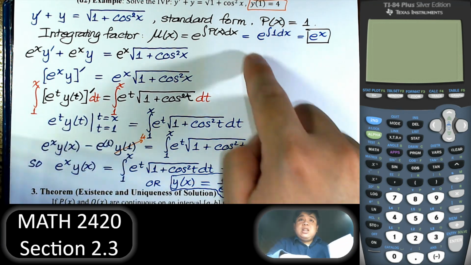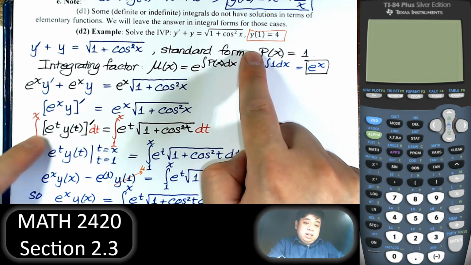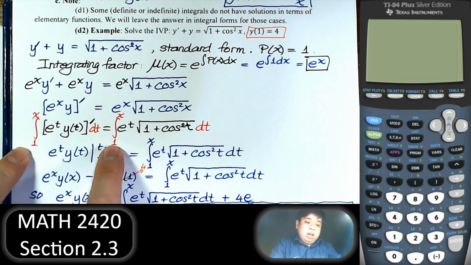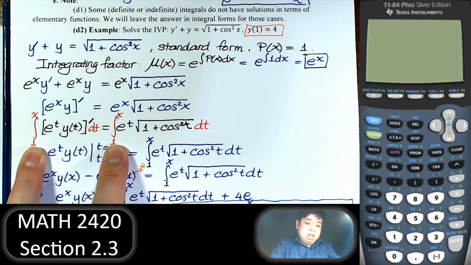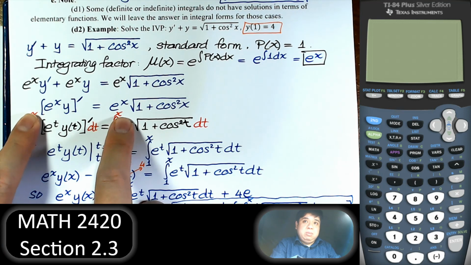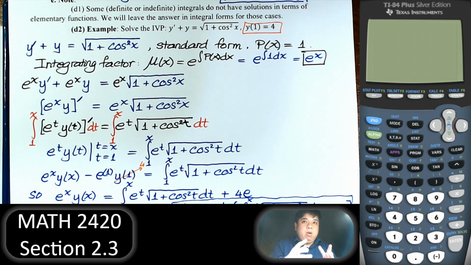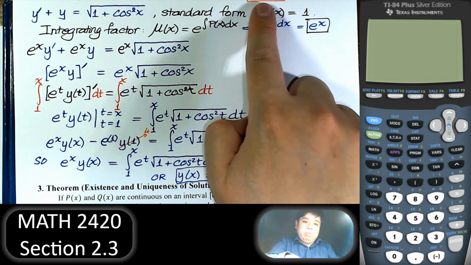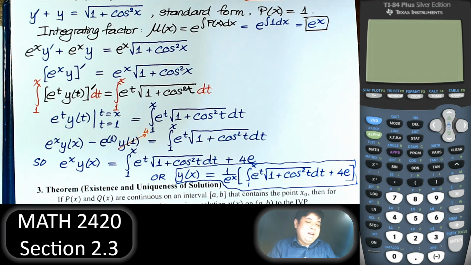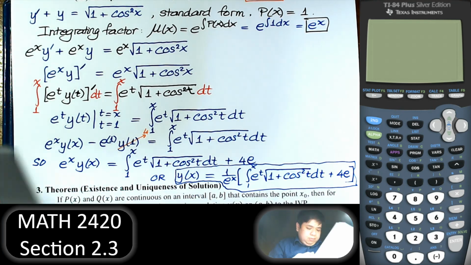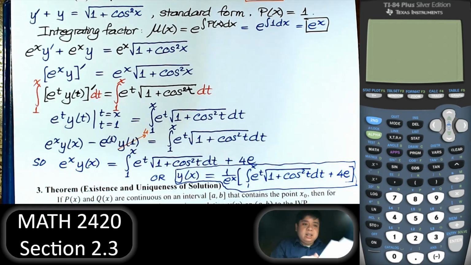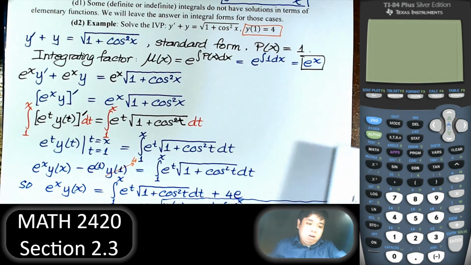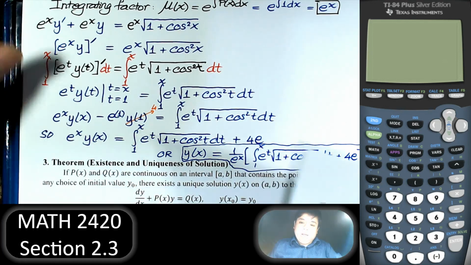And also, if this is an initial value problem, we can integrate both sides with limits. The lower limit is the initial value of x, the upper limit is x, because in an initial value problem, it starts from here to something else. Right. So with that, I stop section 2.3 here.